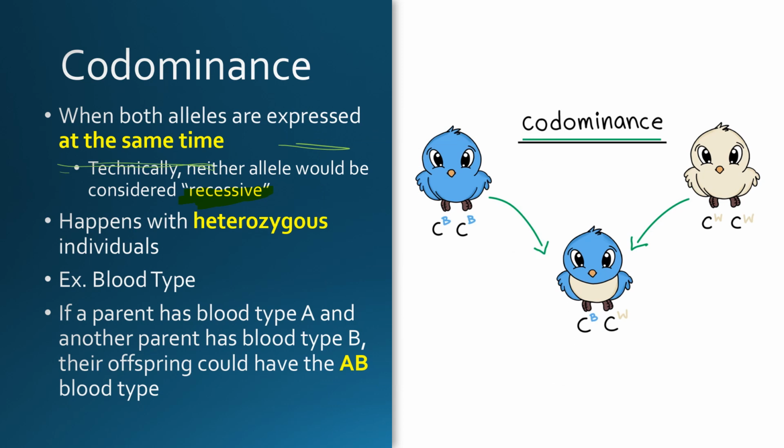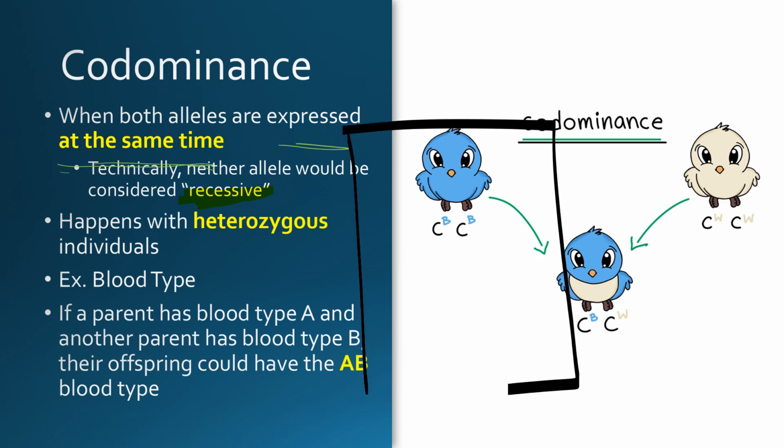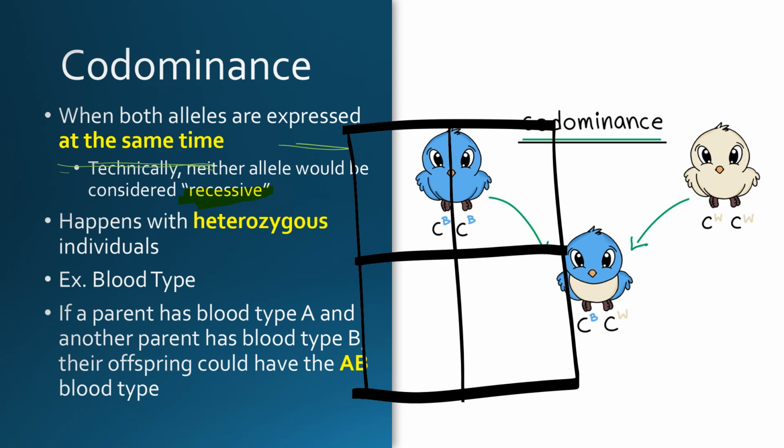Neither of them gets masked, and they don't even blend. We can see both of them independently on their own. This can only happen in heterozygous individuals, those who have two different alleles in their genotype. We cannot see this with individuals who are homozygous, or have two of the same letters in their genotype.